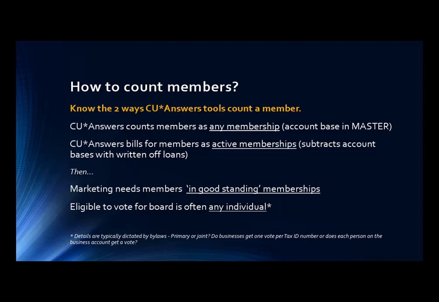We're counting up those membership relationships, and then we'll subtract the ones that do have written off loans. And again, that's the same way we bill you. We don't bill you for memberships with written off loans. But when you open a tool, you're going to see one or the other number typically.